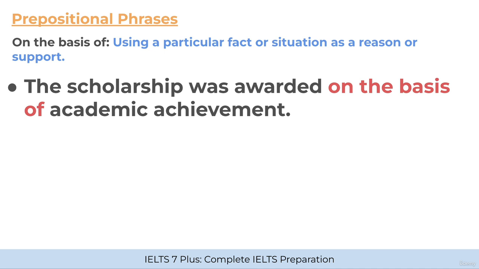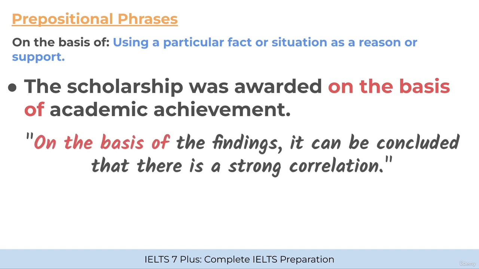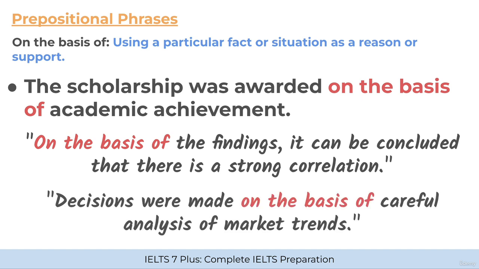That was the reasoning. On the basis of the findings, it can be concluded that there is a strong correlation. Okay, maybe that's a task 1 situation. You could write something like this. Another one, decisions were made on the basis of careful analysis of market trends.